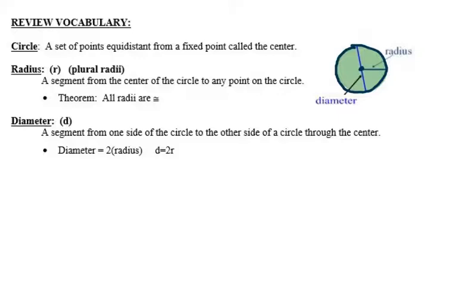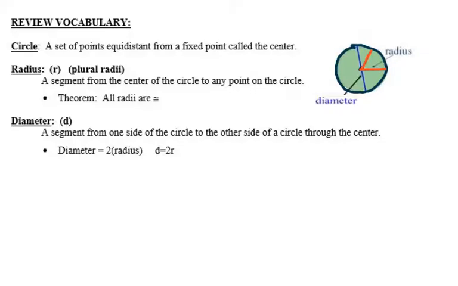Now, two terms that go along with the circle will be our radius and our diameter. Our radius is going to be from the center of the circle to any point on the circle. So going from the center to the edge would complete a radius. Now, it doesn't matter where I draw this radius, all radii are congruent to each other.